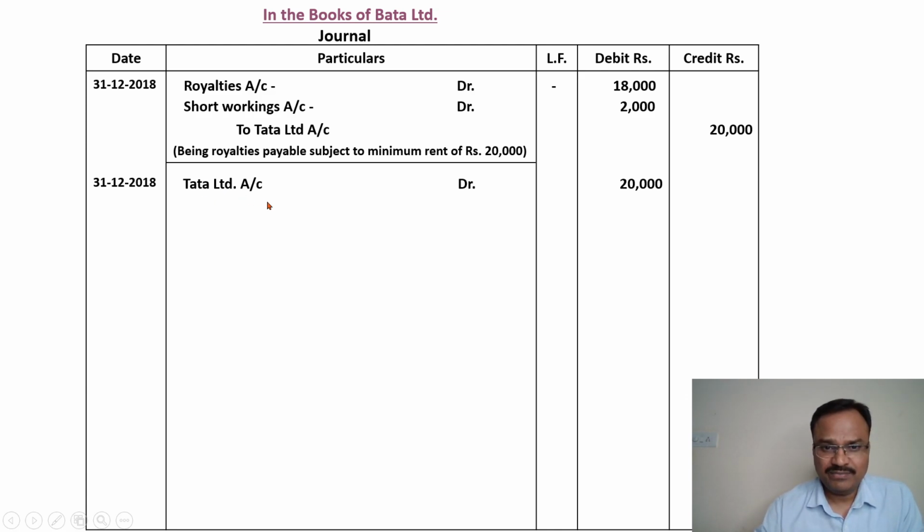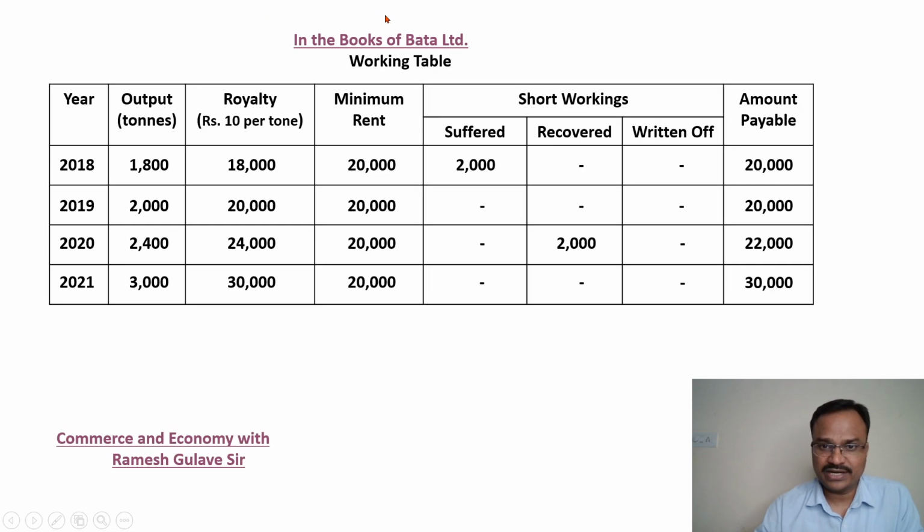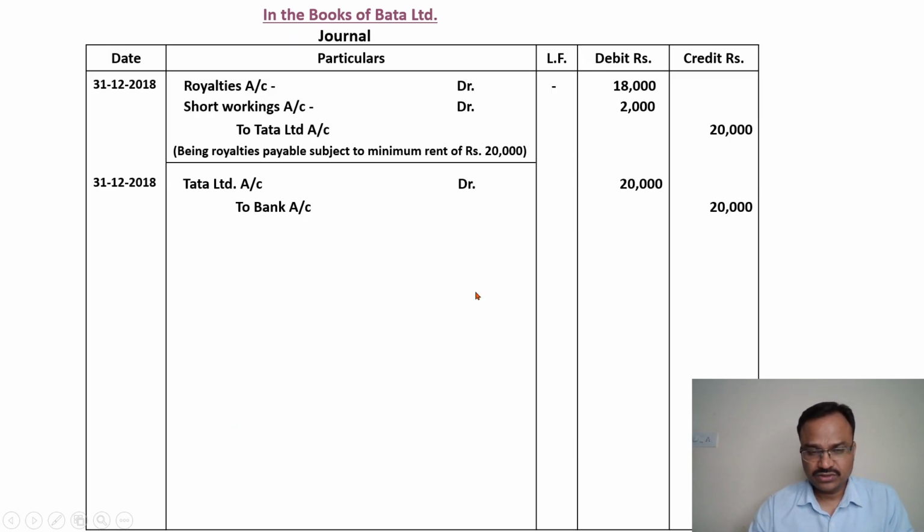So here Tata Limited account debit to bank account. Okay, and here we are going to pay rupees 20,000 to Tata Limited because in the working table we can see that the amount payable is rupees 20,000, right? So here Tata Limited account debit for 20,000 and bank account is credited for 20,000.